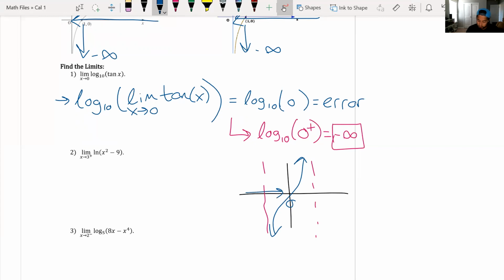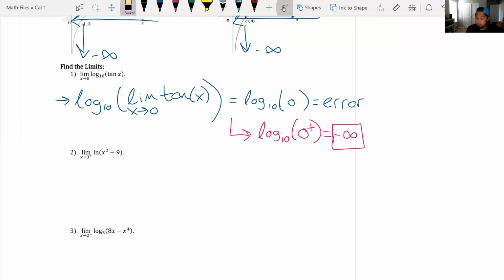So if you approach 0 from the left, 0 from the right, this means that no matter what, tangent will always be 0. But since we can't plug 0 into the log, we must assume that this limit is approaching 0 from the right for our log function, therefore headed towards negative infinity. And again, I'm just saving us from calculator work by thinking of the graph. If you want to see calculator work, let me know. But this seems to be a lot easier. Okay.